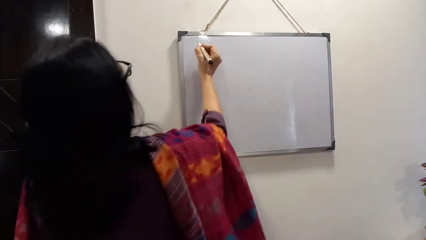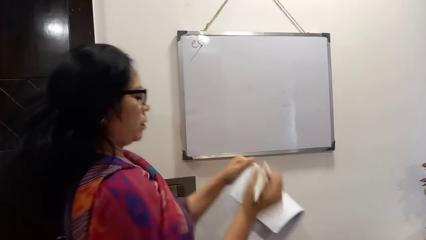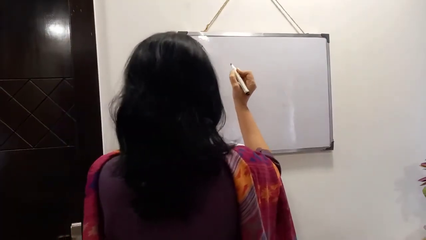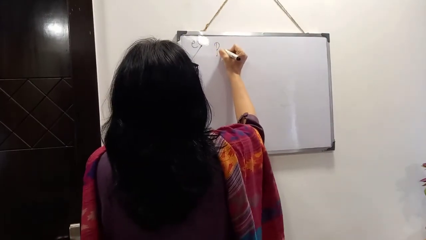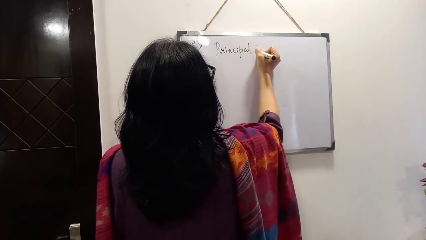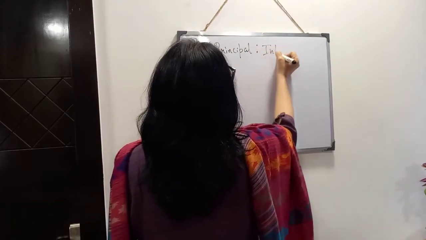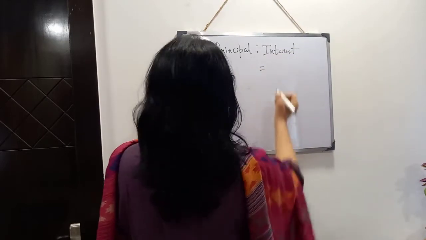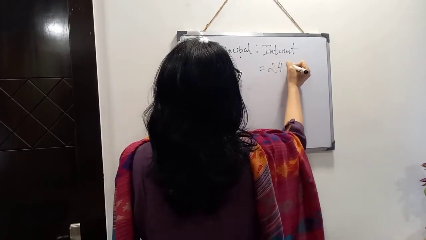Number E. If the ratio of principal and interest is 24:1, then the rate of interest will be this. Ratio of principal and interest. Okay, principal is to interest given 24:1.